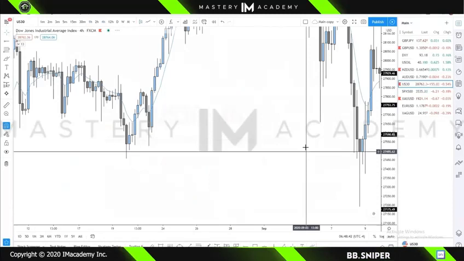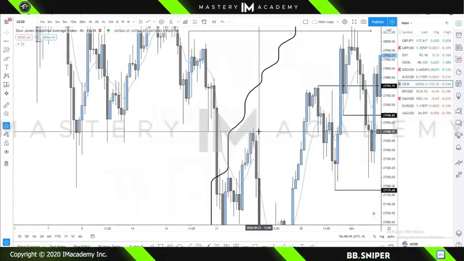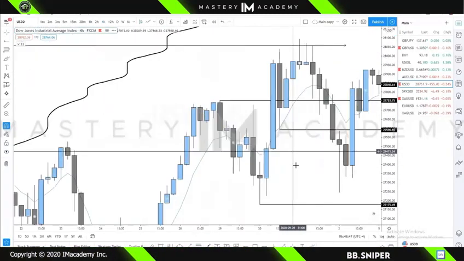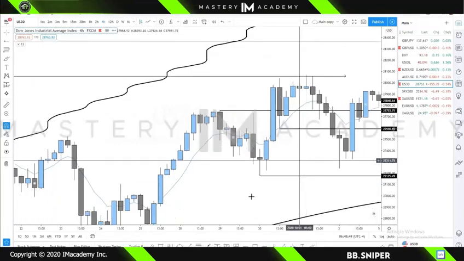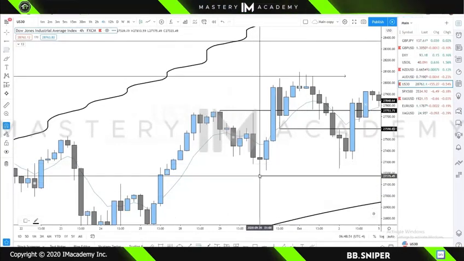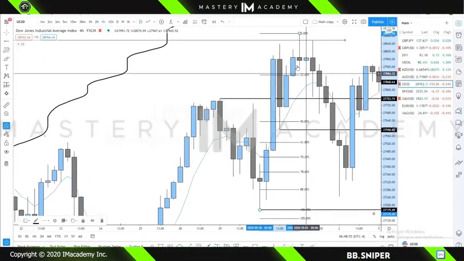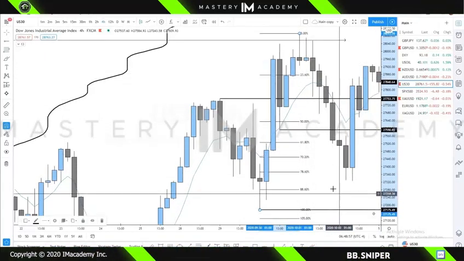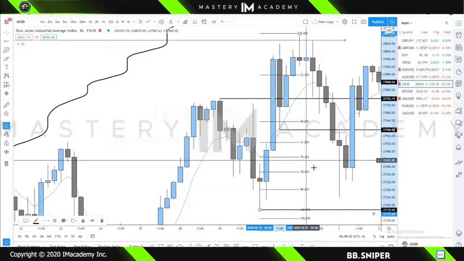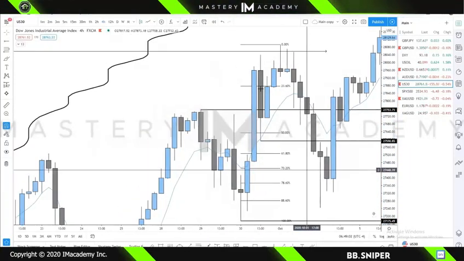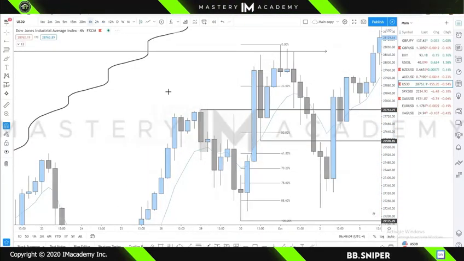And so the true range to anticipate the retracement now is based upon the entire 4-hour range and not based upon the 1 hour range. So we would draw our fib like this based upon the 4-hour, anticipating the entire 4-hour retracement instead of based upon the 1 hour. Okay, so now it starts to make sense.